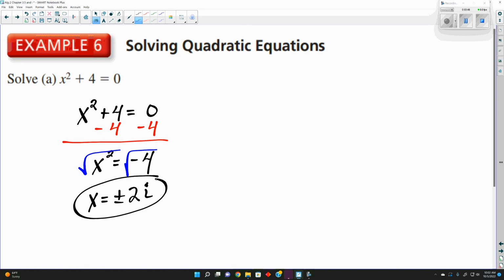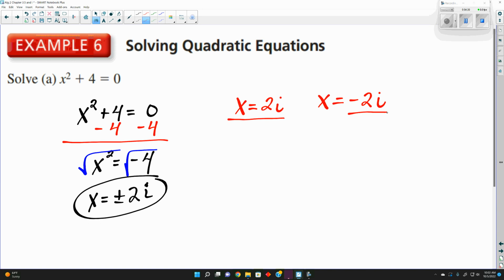Now, realistically, it's telling us that we have two solutions, that x is equal to 2i, and x is equal to negative 2i. Part of yesterday's lesson, the complex conjugate theorem, stated that if a plus bi is a solution, then a minus bi is a solution as well. 2i is a solution, so negative 2i is a solution.